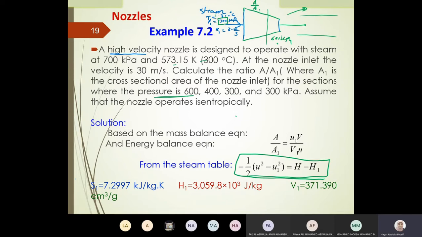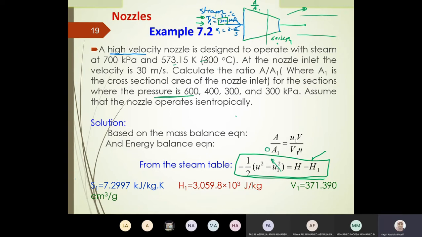Now, if I check what I have in the question, I do have T1, I do have P1, and I don't have any problem with H1 because the enthalpy can be easily found from the appendix. And the point is, how to get the velocity, I don't have it. U1, I will consider it 0. Why?